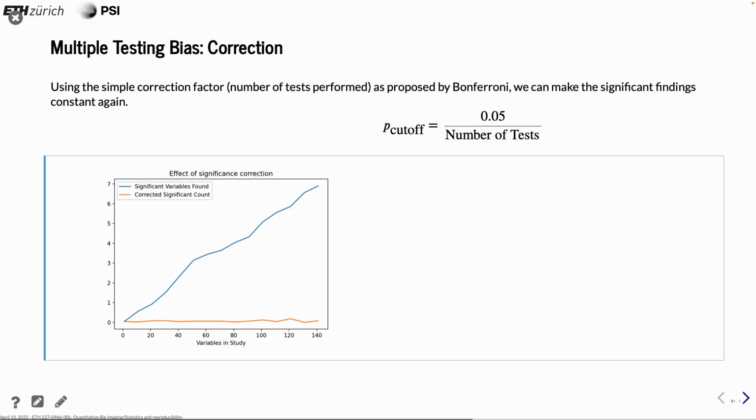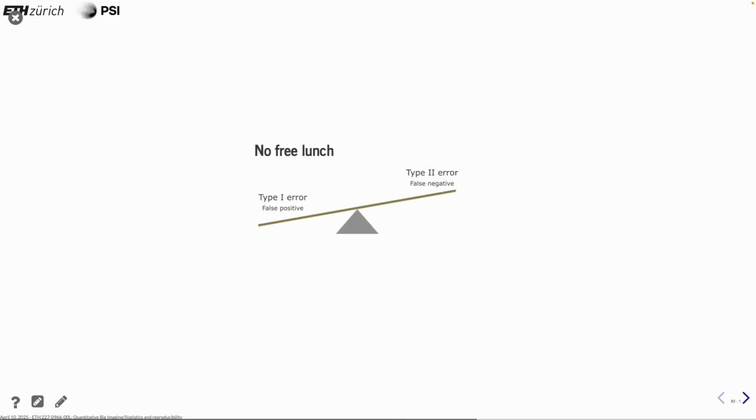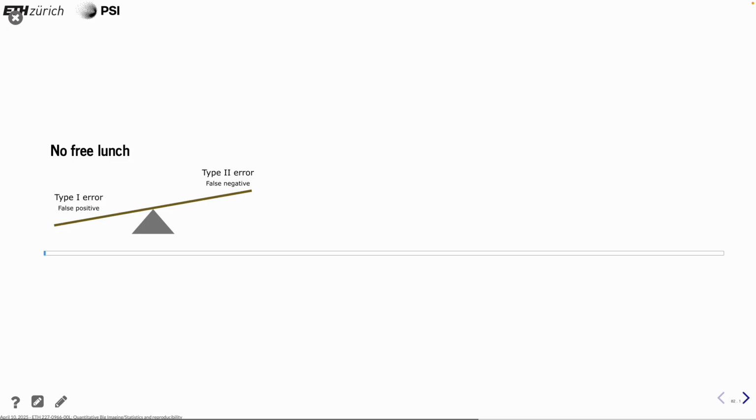There are a handful of other correction methods which are less conservative, because if you are doing this kind of correction, you actually have a cost. If you correct to reduce the number of type 1 errors, the cost is that you get more type 2 errors.